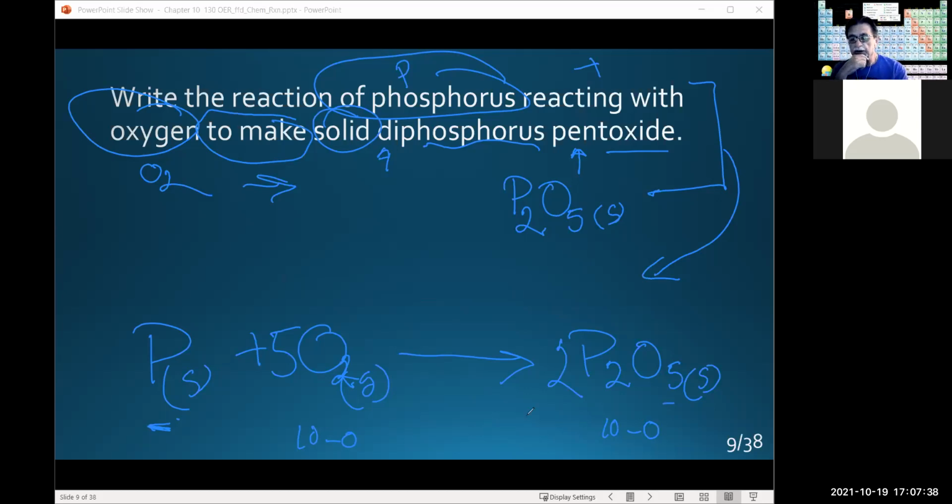Which means that we got 4 phosphorus on the product side, so we have to go back to the reactant side and stick a 4 right there. Go back and double check: 4 phosphorus, 10 oxygen, 10 oxygen, we're balanced. And everybody's happy. Let's clean it up.